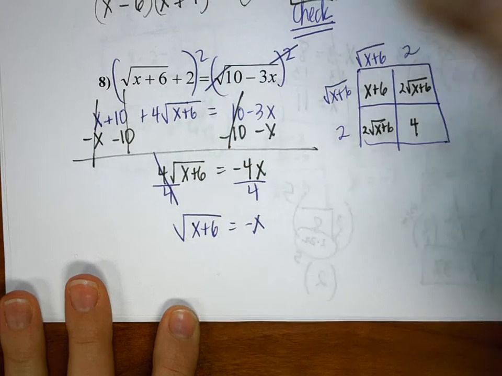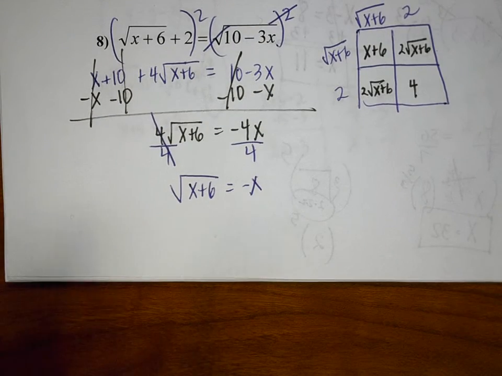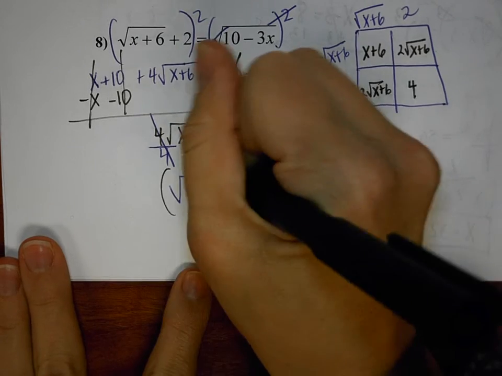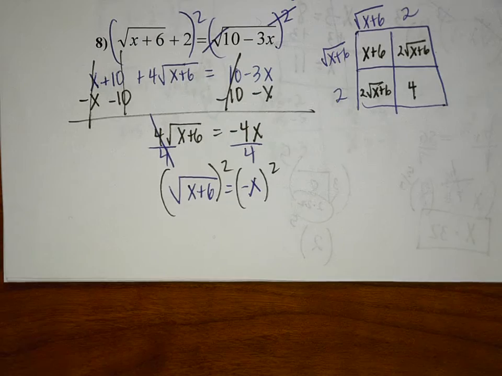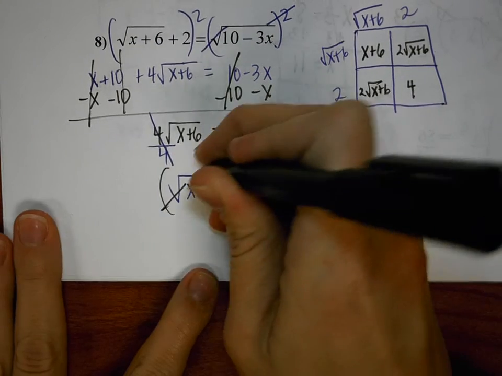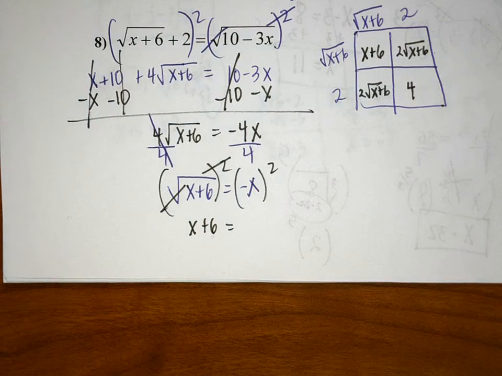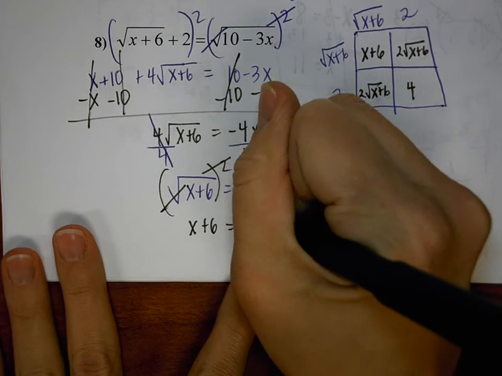Good. Now what? Square both sides. Again, exactly. We square both sides, which then gets rid of the root, and I have x plus 6 equals, and what is negative x squared? X squared, right?